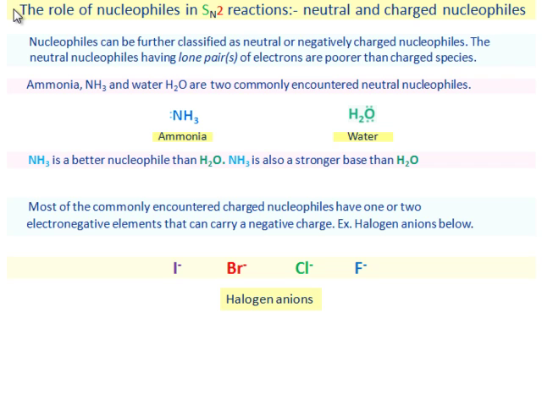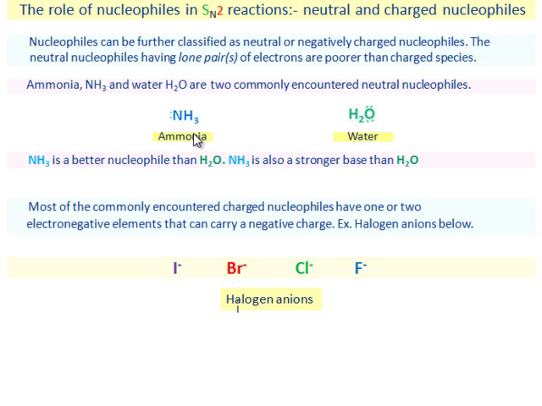The role of nucleophiles in SN2 reactions: neutral and charged nucleophiles. Nucleophiles can be further classified as either neutral or negatively charged nucleophiles. The neutral nucleophiles, having lone pairs of electrons, are poorer than charged species.